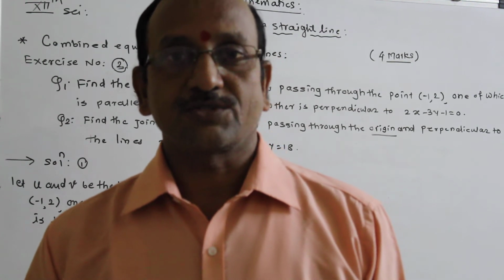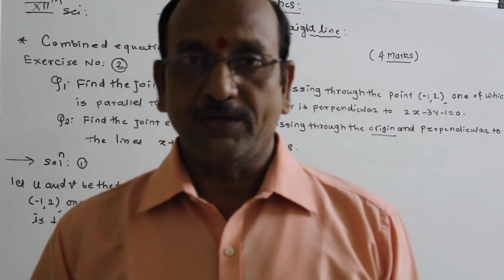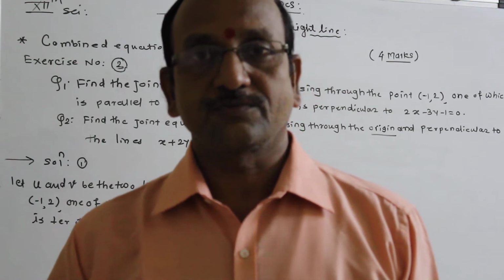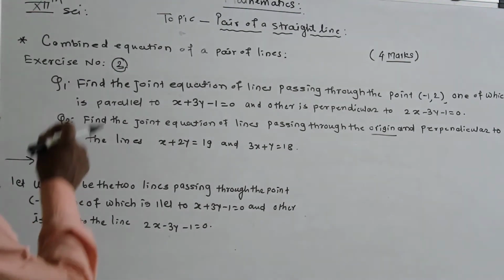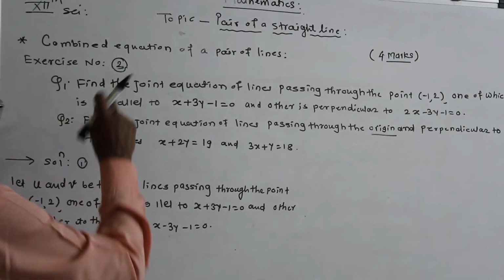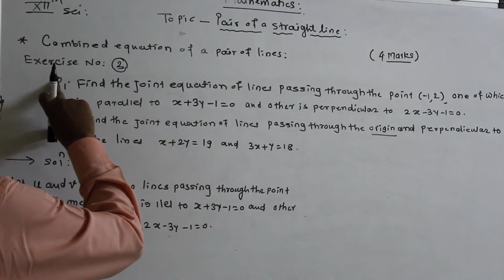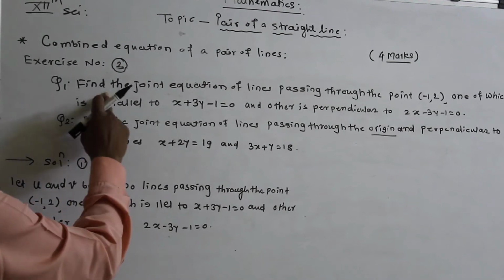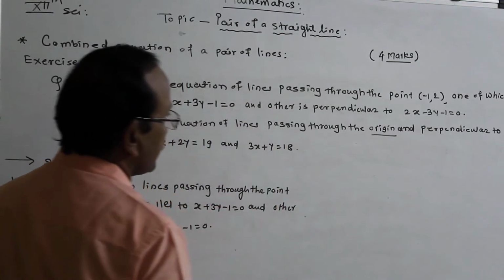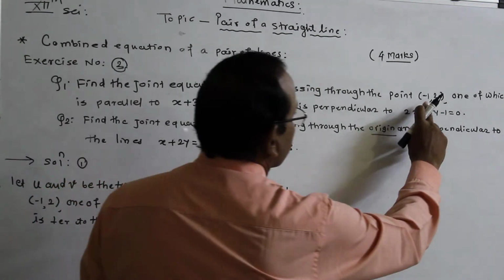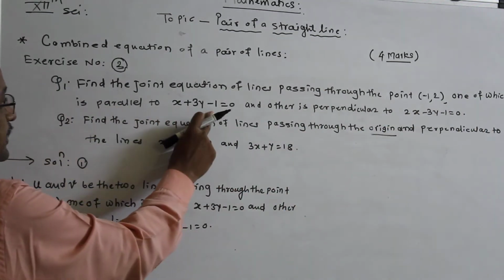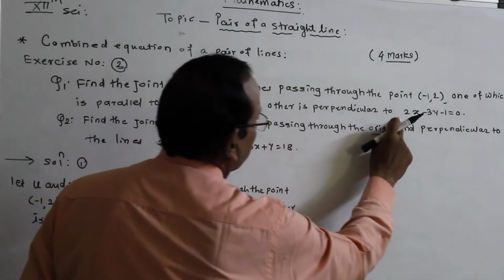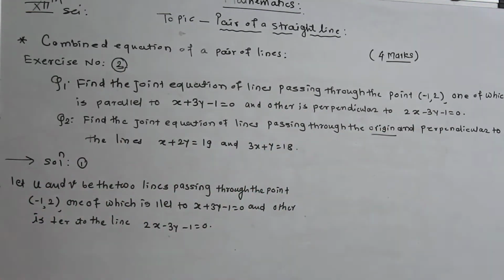Now we are going to start the topic combined equation of two lines, exercise number 3. This exercise contains two questions. Question number 1: find the joint equation of lines passing through the point (-1, 2), one of which is parallel to this line and the other is perpendicular to this line.